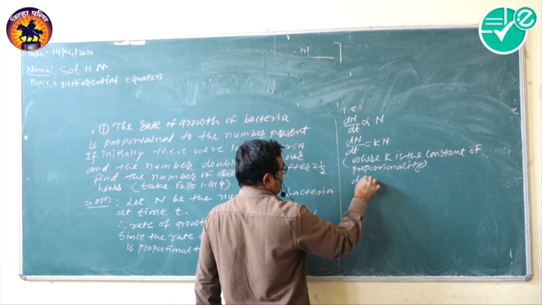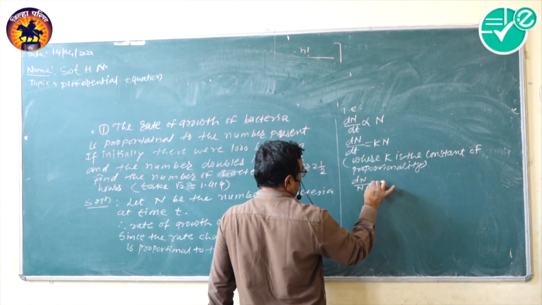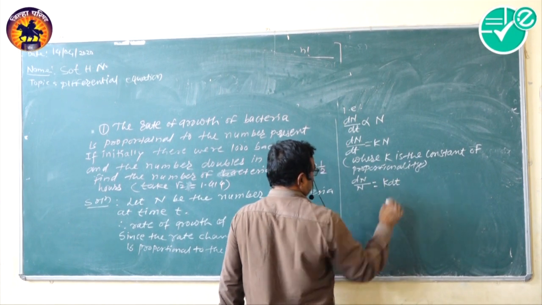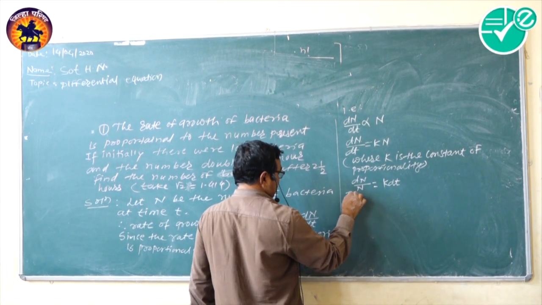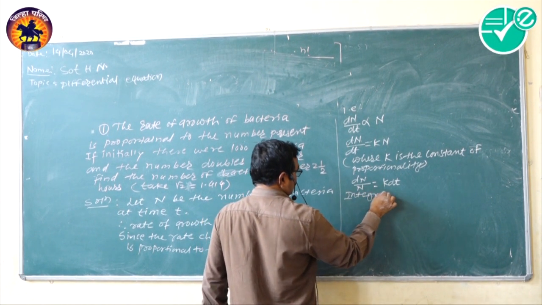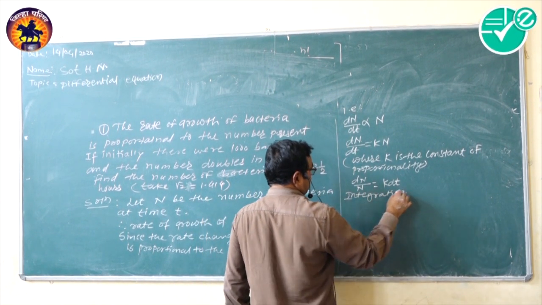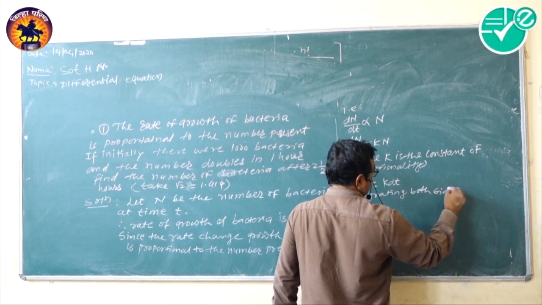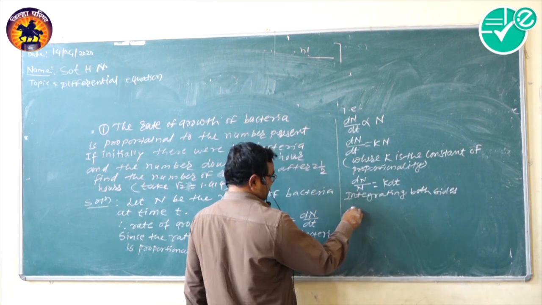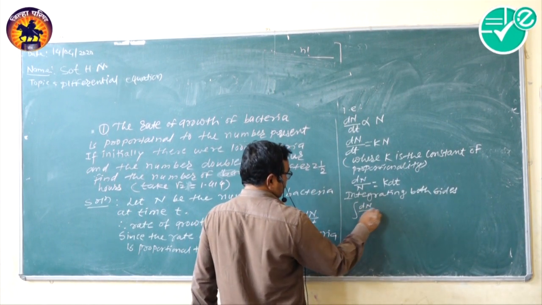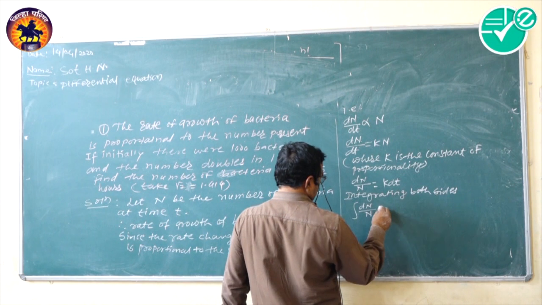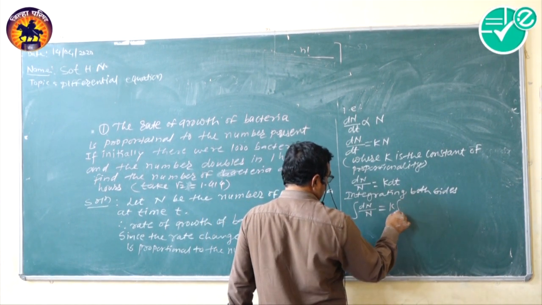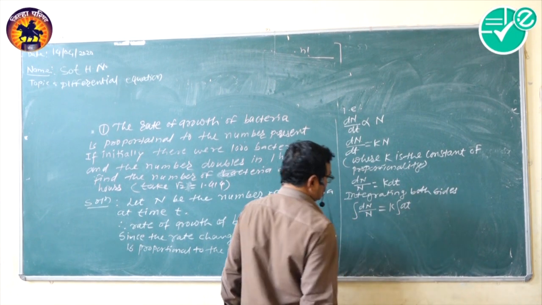Then dN upon N is equal to k into dt. Integrating both sides, integration of dN upon N is equal to k into integration of dt.